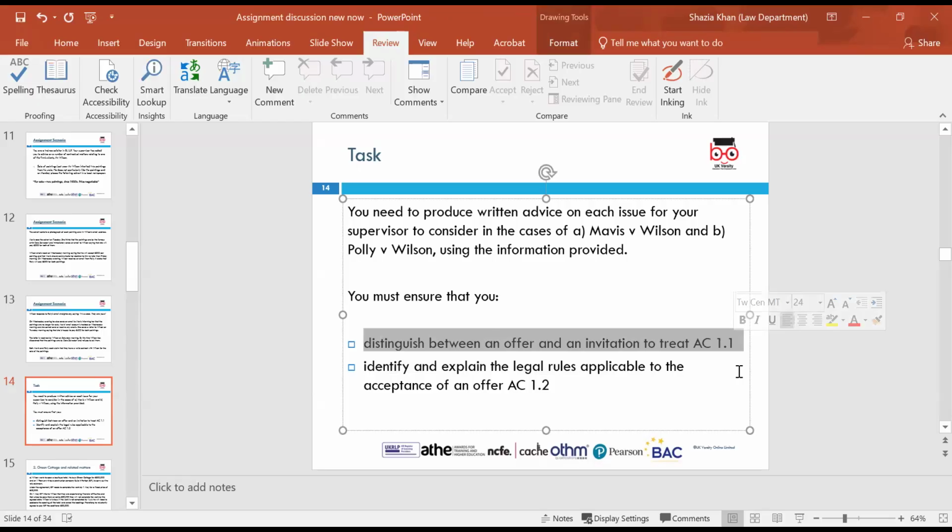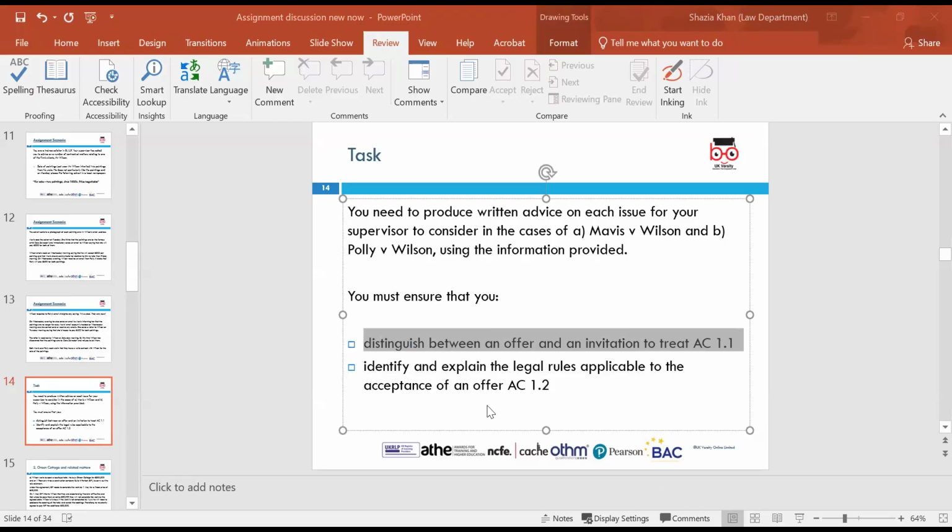Distinguish between an offer and invitation to treat, which is on learning outcome 1. So you need to look at learning outcome 1 in regards to distinguishing between an offer and acceptance and invitation to treat.